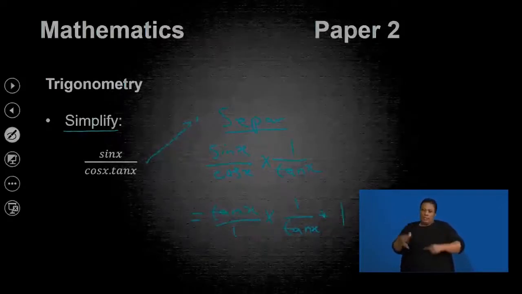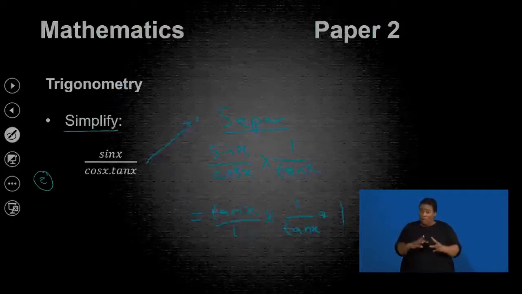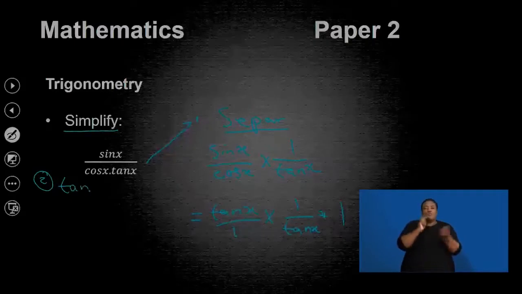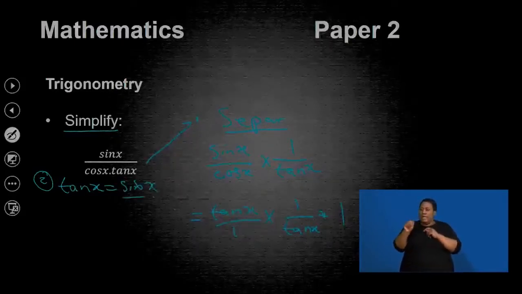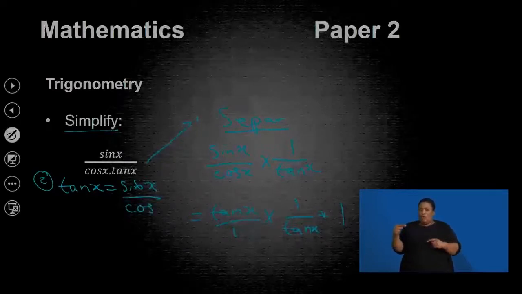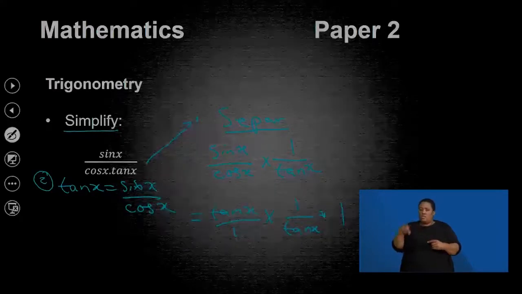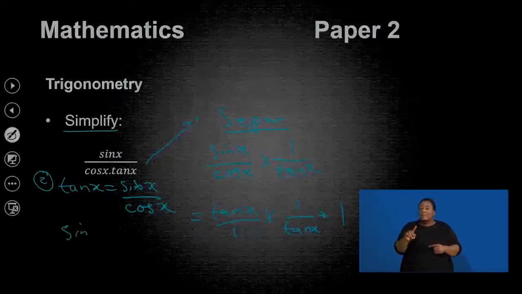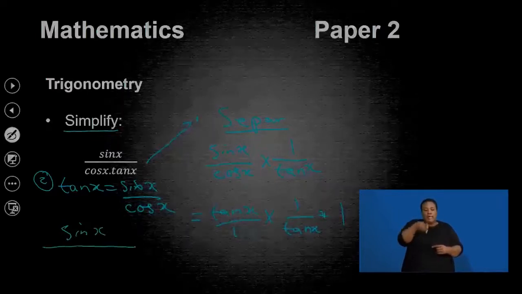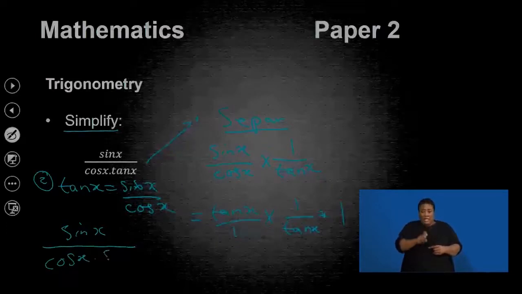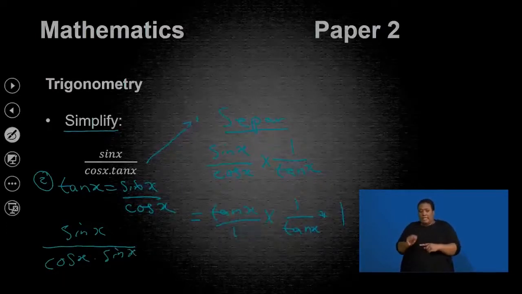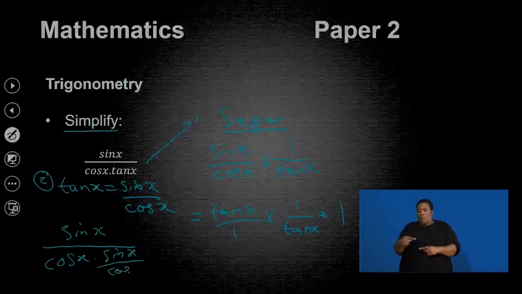One other way would be if you first change the tan x to be equal to sine x over cos x. So what do I mean? This is going to be sine x over cos x multiplied by sine x over cos x.